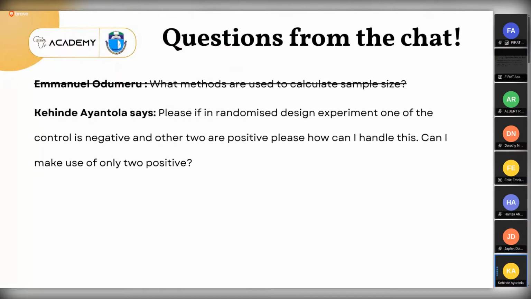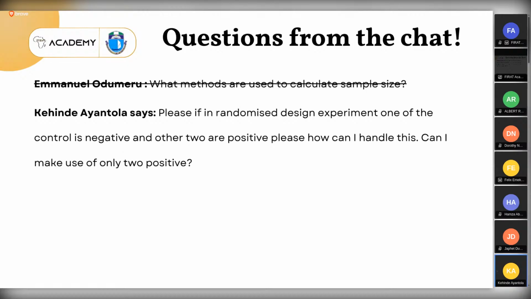We have three controls, and that's randomized. We have the one with organic carrier, which is control. We have the one with normal chemical fertilizer, and we have the one without fertilizer, without anything.